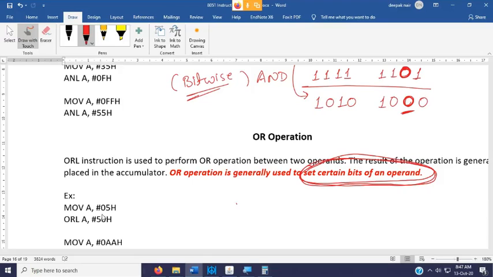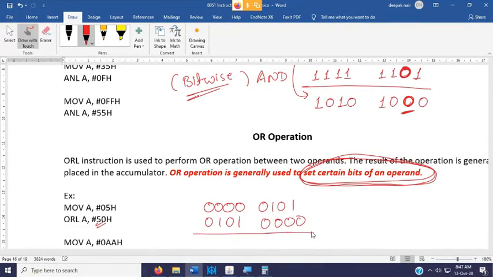Simply, for example, this program. So 0 0 0 0 0 1 0 1, that is 5, and I am going to OR it with 50, that is 0 1 0 1 0 0 0 0.